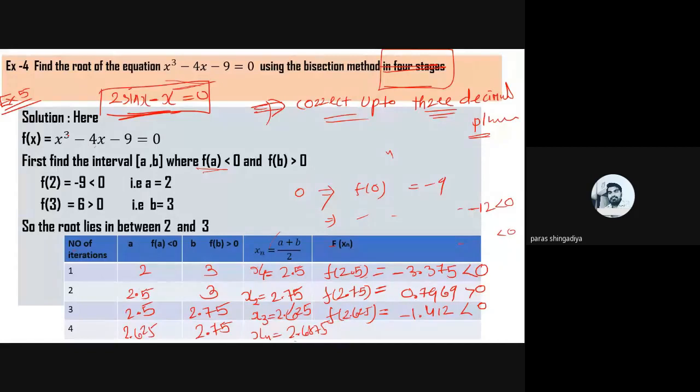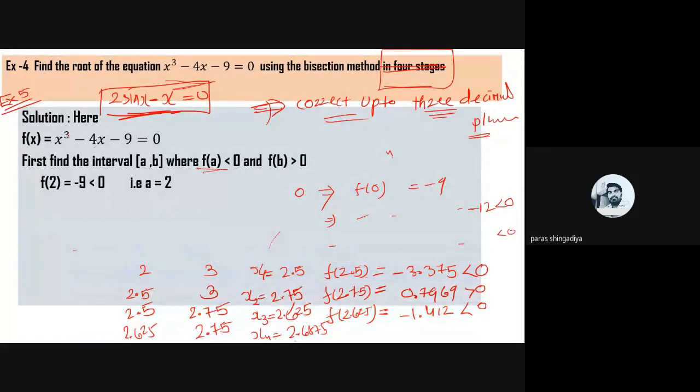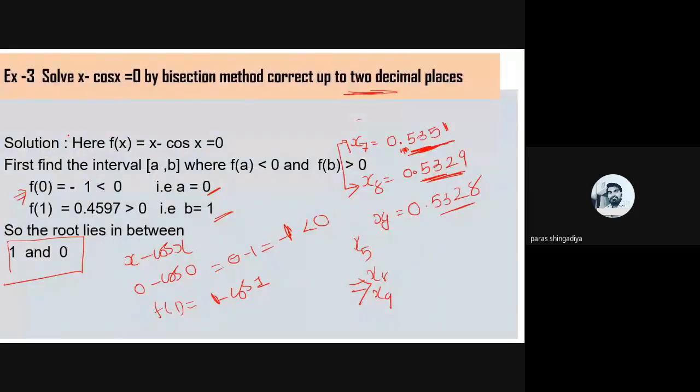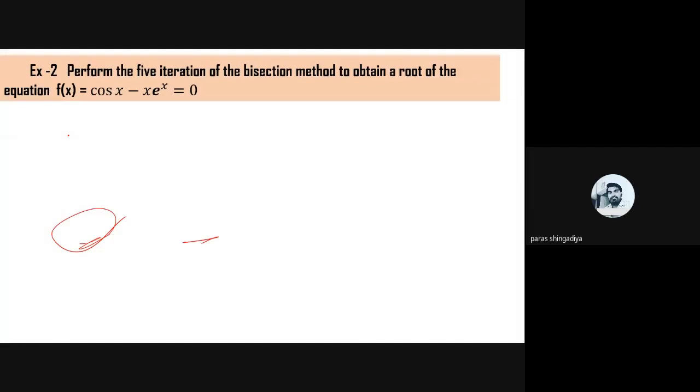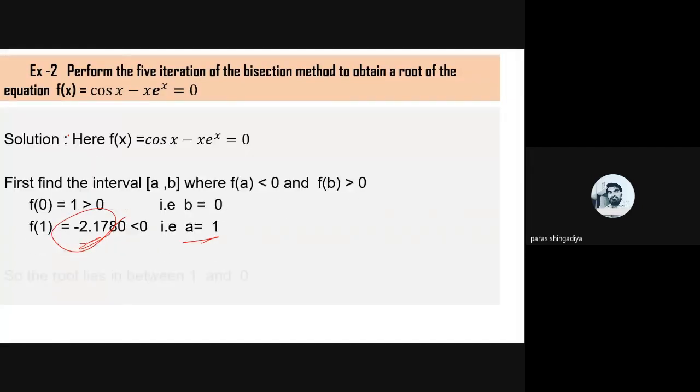Now that is not necessary then. For the counter example you can consider this one, example number 2. Here we consider a is 1 and b is 0, because at a we get a negative answer and at b we get a positive answer.